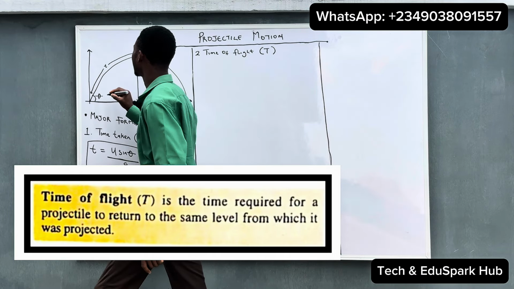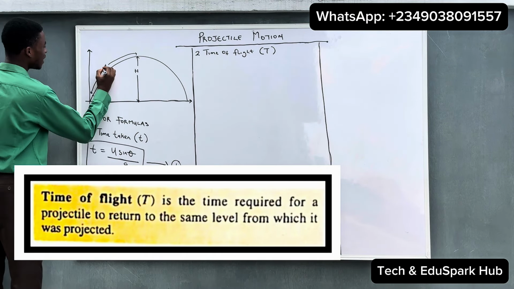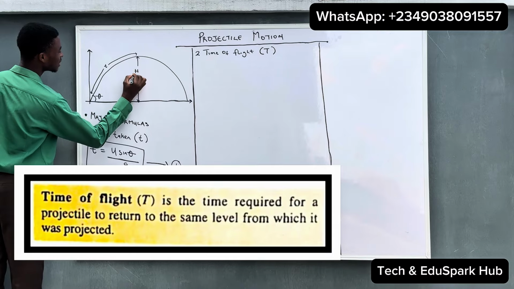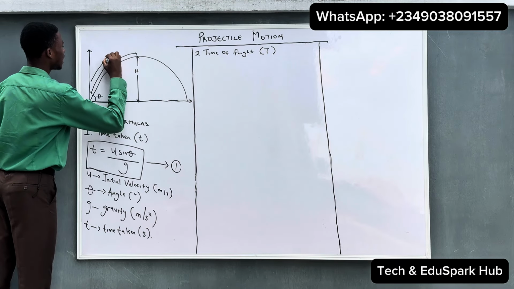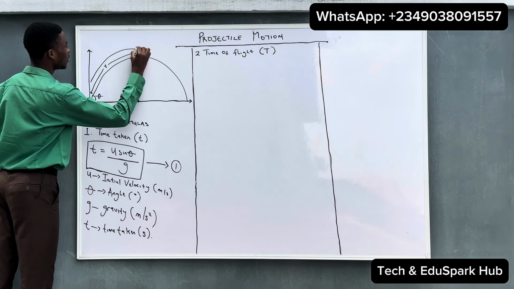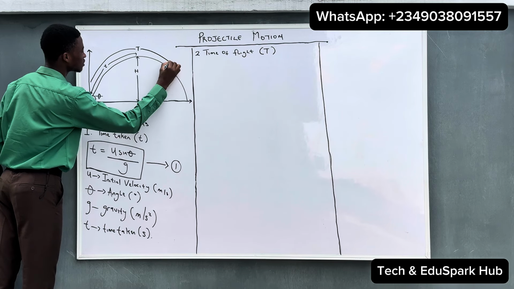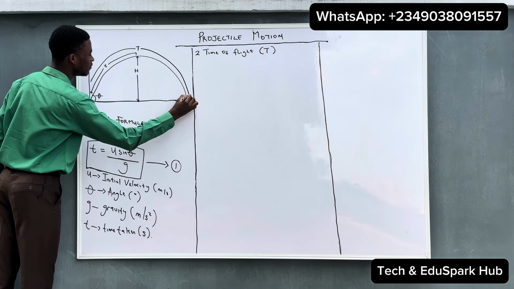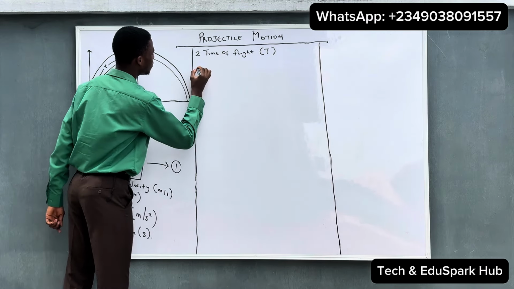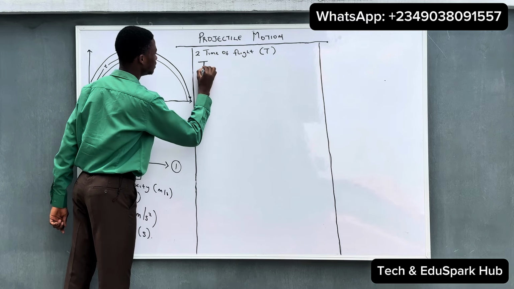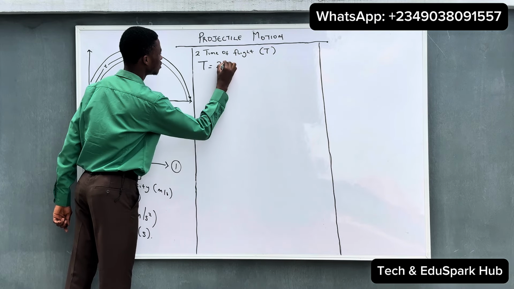So from this diagram, you can see the time taken is the time that it takes the projectile to reach the maximum height. But the time of flight is the total time taken by the projectile to return to the same level that it was projected. So this is the time of flight. And the formula for this time of flight, which is the big T, is 2t.